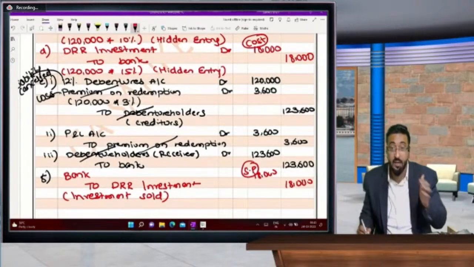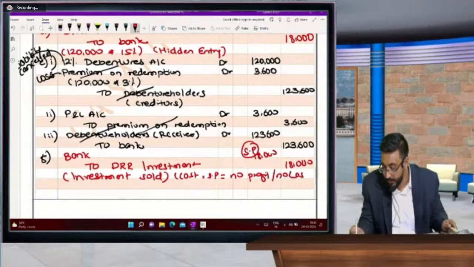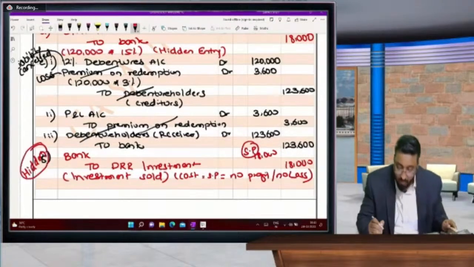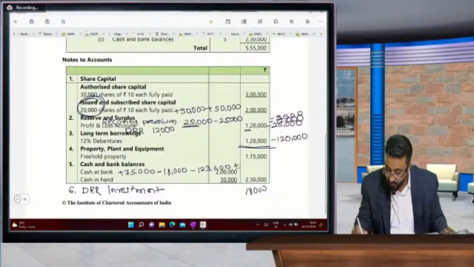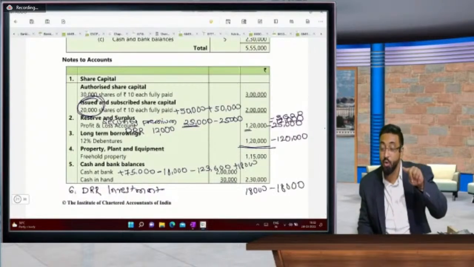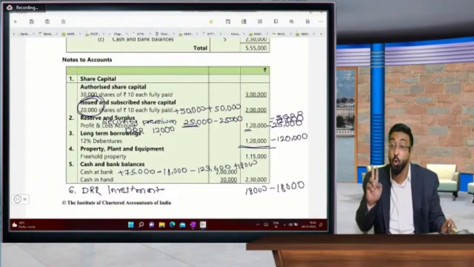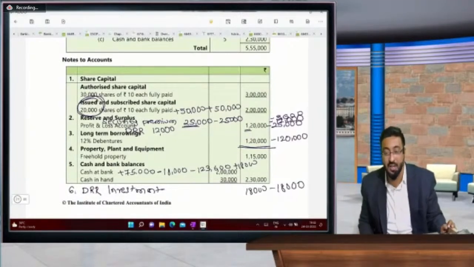Cost is equal to selling price, therefore no profit, no loss. This is also a hidden entry. Investment sold. So bank account increased by 18,000 and investment is decreased by 18,000. Though it is not affecting your balance sheet, this will give you 2 marks. So ICI expects first you will create investment and then you will sell investment. It is the expectation of ICI.